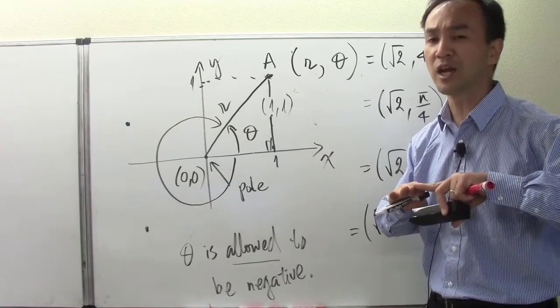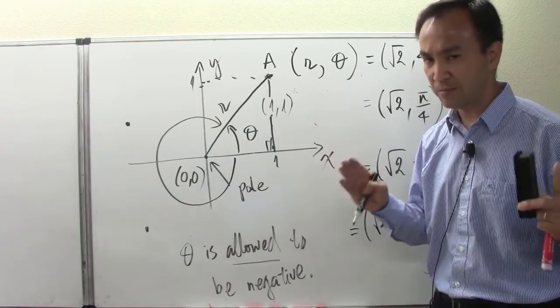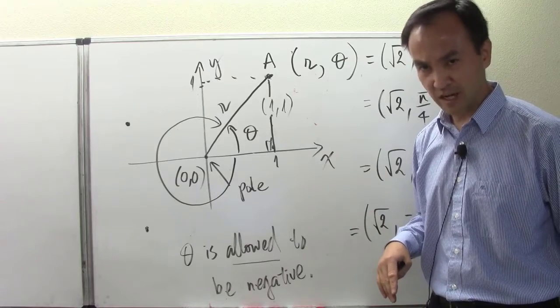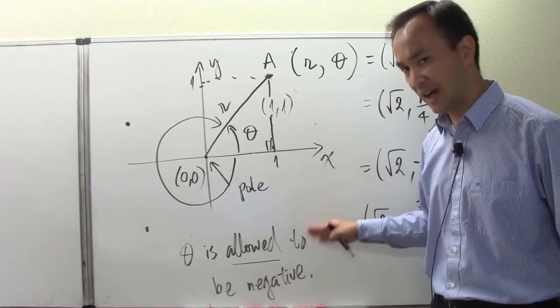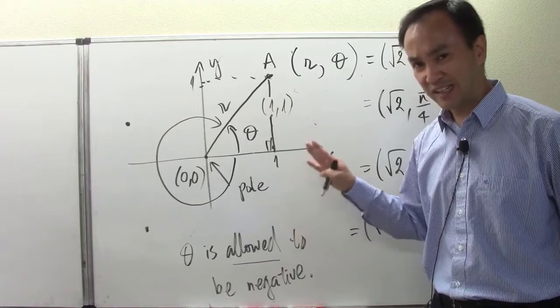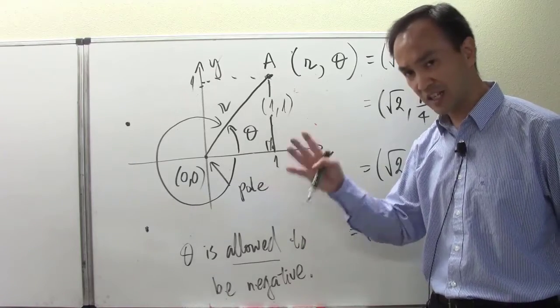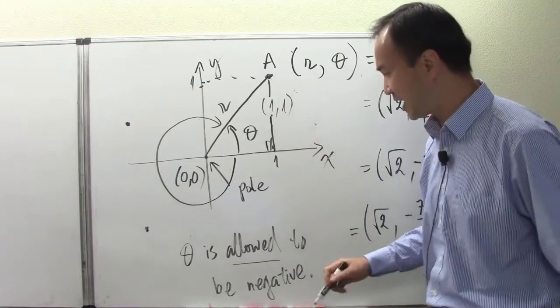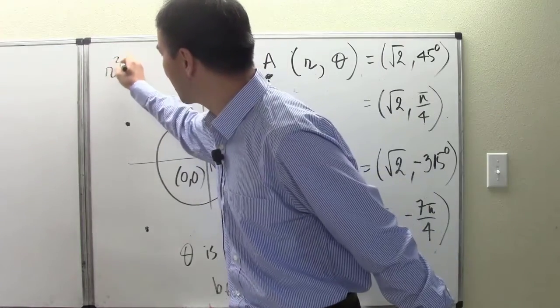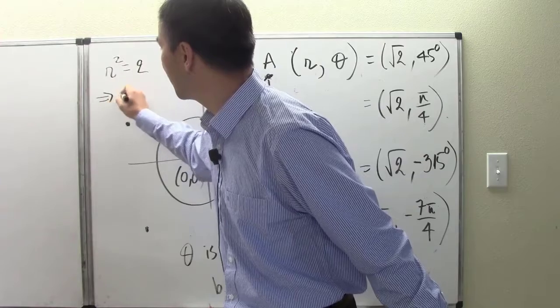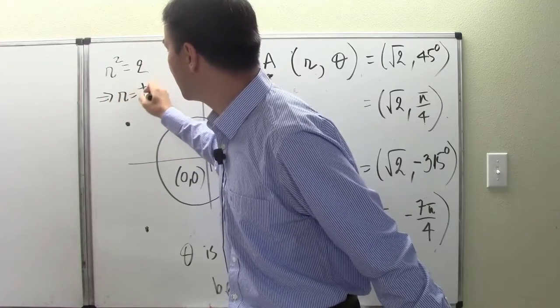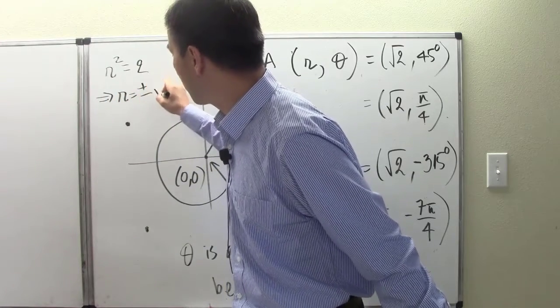Anyone has known for years that distance cannot be negative. That's why even in that little calculation earlier, I chose a positive square root of 2, even though technically, when you take the square root of both sides of r squared equals 2, you have two expressions, r equals plus and minus square root 2.